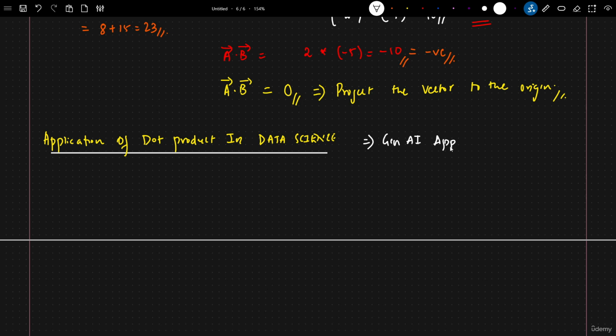One application in Gen AI is the RAG system, retrieval augmented generation. We'll talk about what exactly a RAG system is later, okay? But where do we specifically use this dot product?